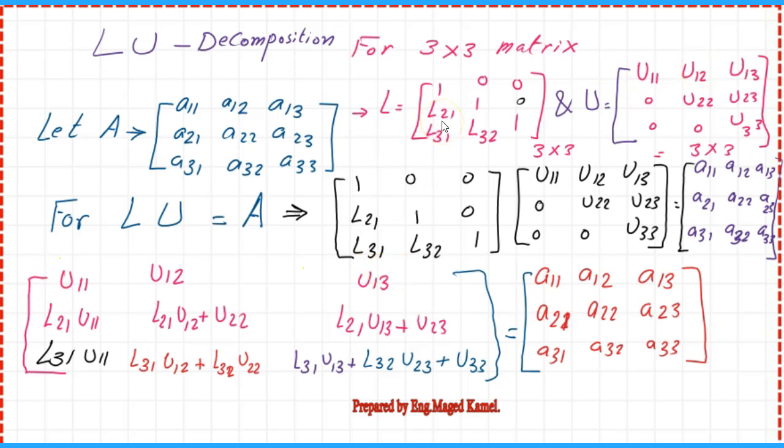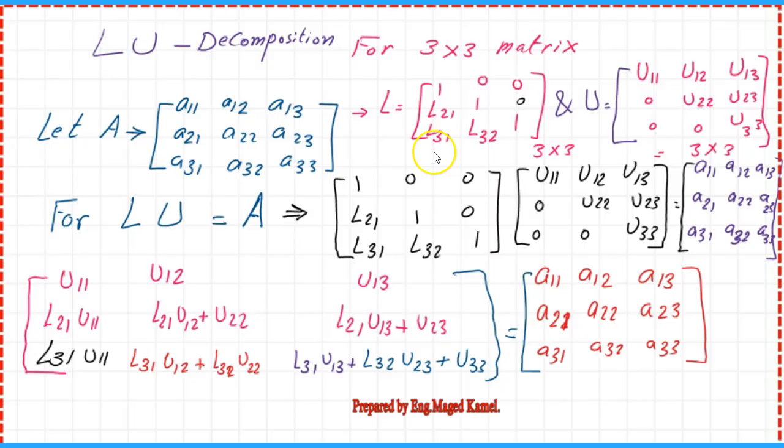Here is L21, 1, and 0. This L21 is nothing but multiplying the first row by L21 and adding to the second row, to get the second row of the product. L21 multiplied by U11 added to 0 is here. L21 multiplied by U12 added to U22 is here. And L21 multiplied by U13 added to U23 is here.